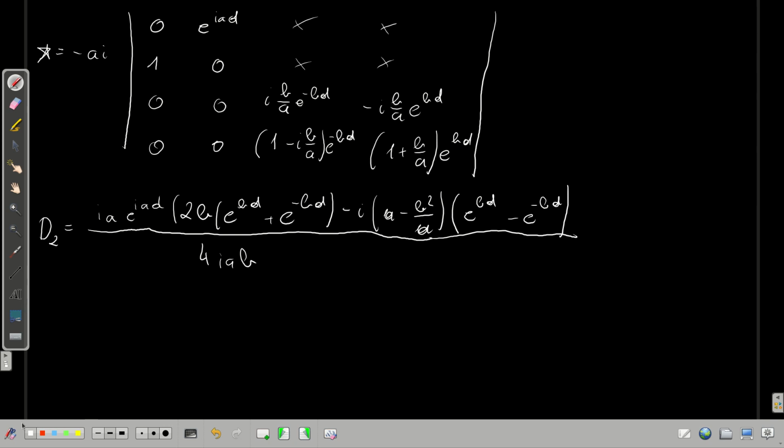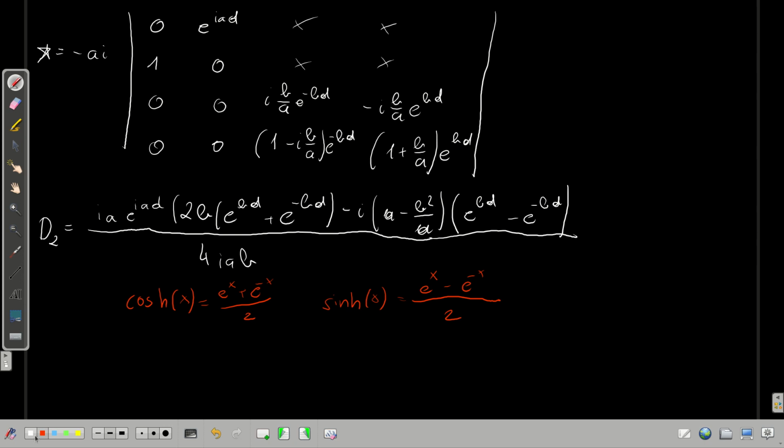So, with the following theorems, the cosh of x in general equals e to the power of x plus e to the power of minus x divided by 2, and the sinh of x equals e to the power of x minus e to the power of minus x divided by 2.